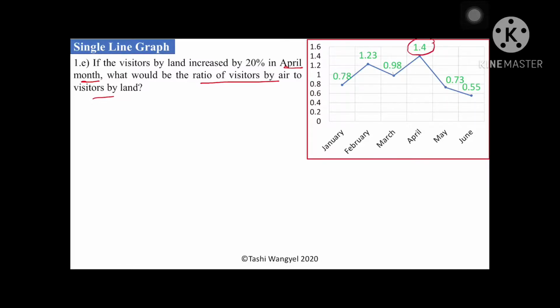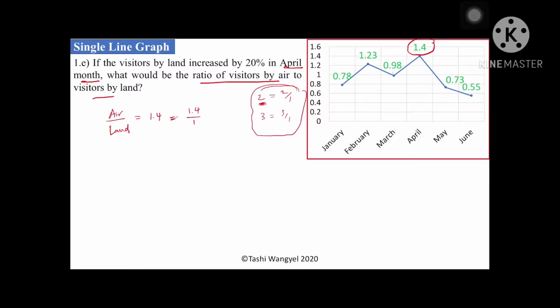Initially, the ratio of visitors by air transport over visitors by land transport is 1.4, which is the same as writing 1.4 over 1.